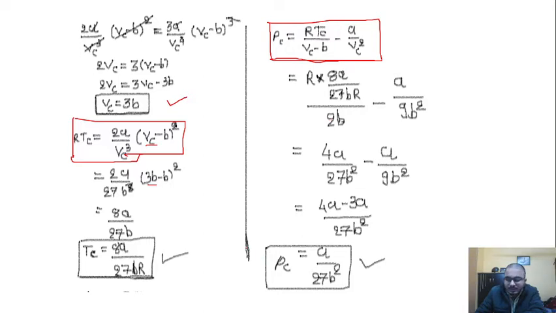So finally we also get the value of PC in terms of A and B. If you see carefully what we have done, we have obtained the value of VC in terms of the constant B. Also we have obtained the value of TC in terms of constants A, B and the gas constant R. And finally we get the value of PC equal to A divided by 27B square.